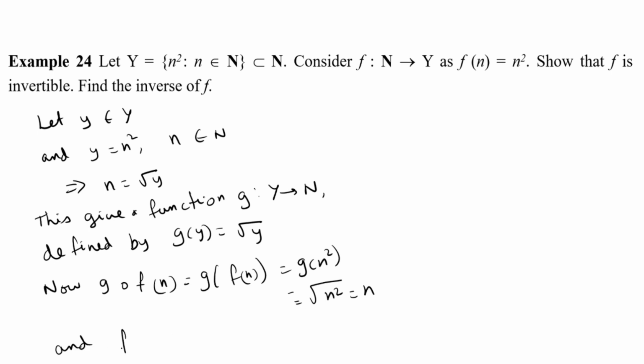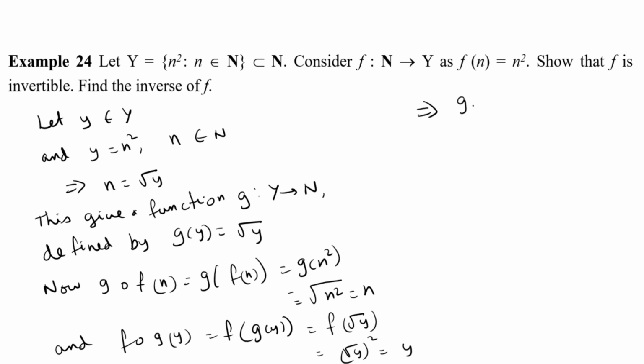And f of g of y is equal to f of square root of y, that is equal to square root of y the whole square, equal to y. So from this we get g of f is equal to the identity function in N and f of g is equal to the identity function in Y.